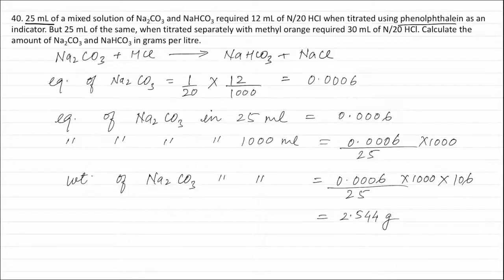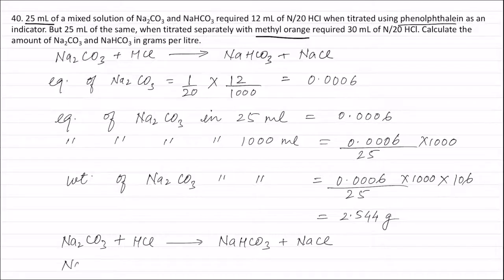Now when the titration is done with methyl orange, then the reaction will be Na2CO3 plus HCl forming NaHCO3 plus NaCl.